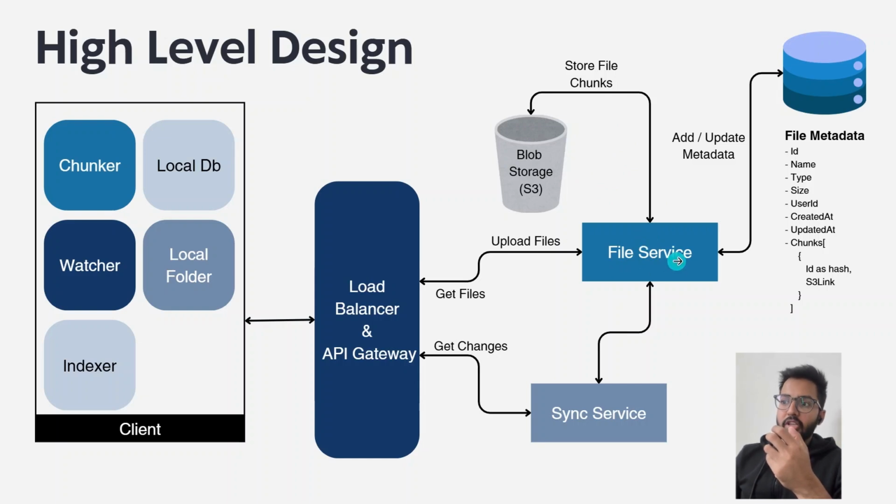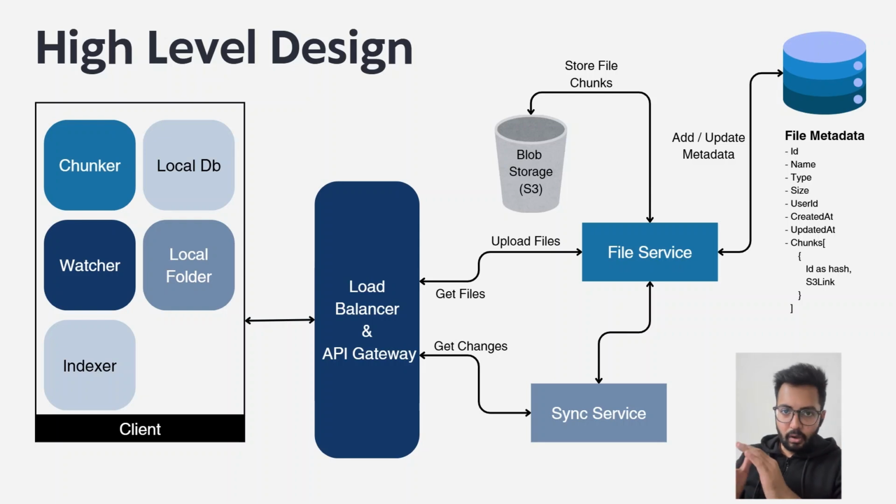Those chunks would then be processed into the file, and that file would be provided to the user as part of his download activity. This was the second functional requirement.